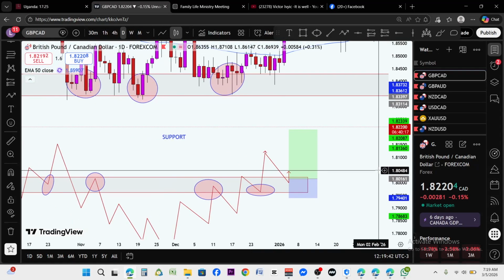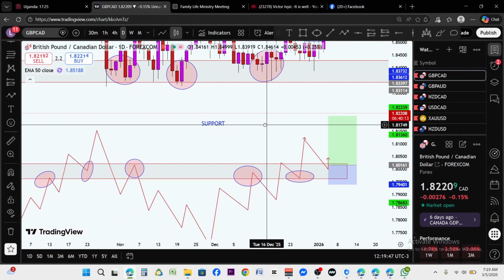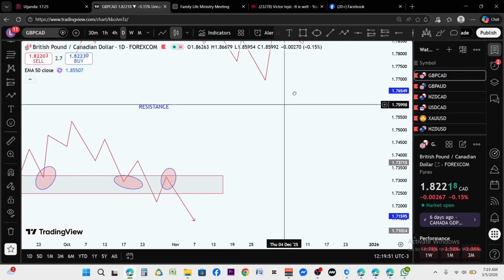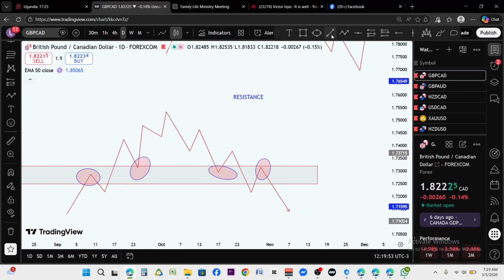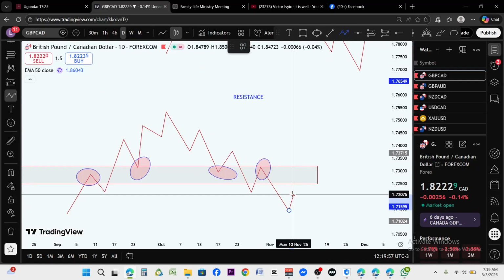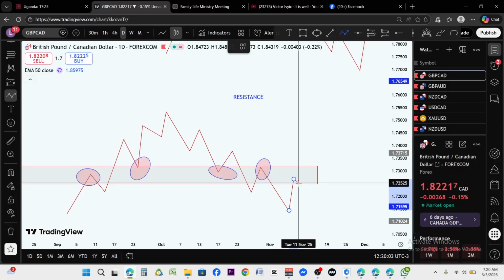This is how you can use support correctly. And how can you use resistance correctly? I'll first wait for the price to come back to this zone, to reject this zone.